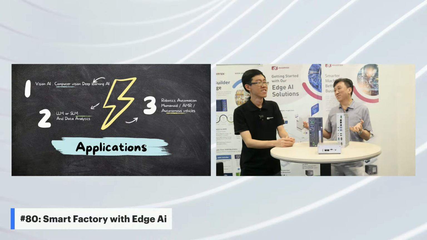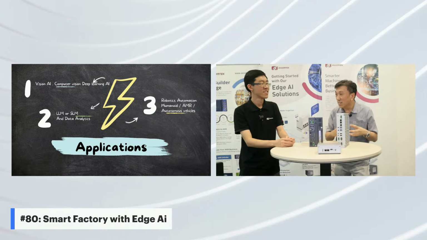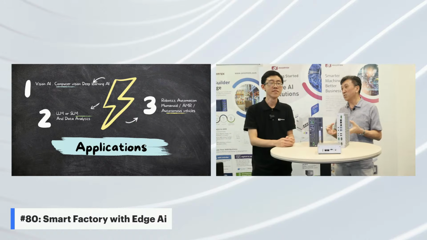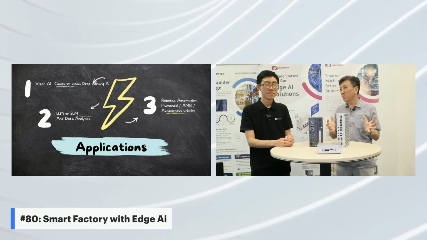Let's say I want to run in a very small environment, maybe SLM is applicable. So LLM or SLM. And data analytics, of course, is always there with the current power of the GPU and so on. I think this part is great enough to do a lot of data analytics.